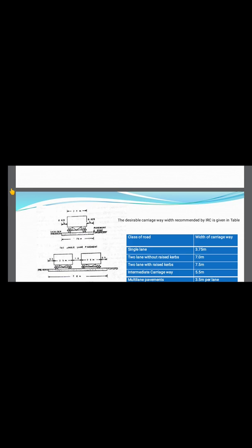Okay, similarly another figure is there, for a two-lane pavement. The width of the vehicle is 2.5 meters, the clearance between the two vehicles is 1 meter, and the other vehicle is again 2.5. So 2.5 plus 1 plus 2.5 is 6 meters, plus 0.5 meter on that side and 0.5 meter on this side.